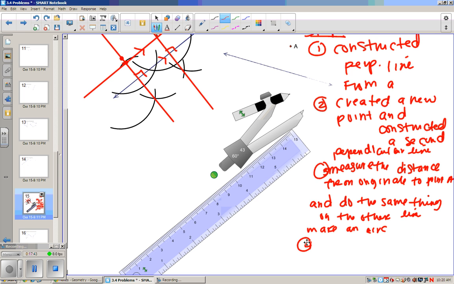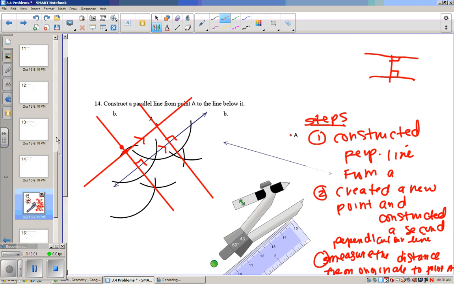And lastly, draw a line through those 2 points. And it is now parallel.